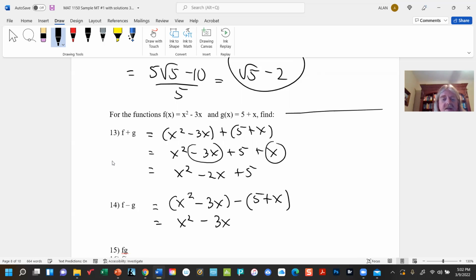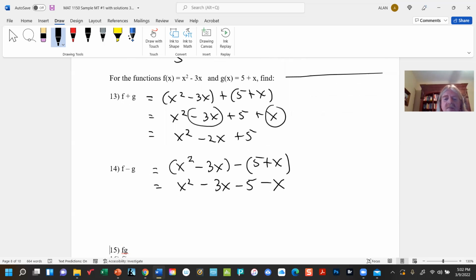Yes, drop the parentheses, but make sure you apply the negative sign here. That's where the most likely problem will be. So when we consolidate these, we'll end up with our correct answer: x squared minus 4x minus 5.